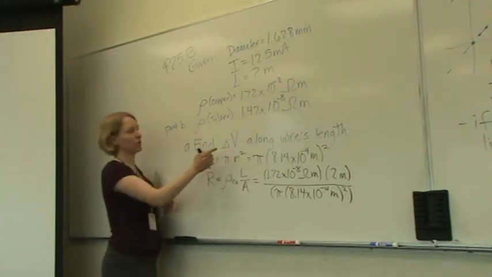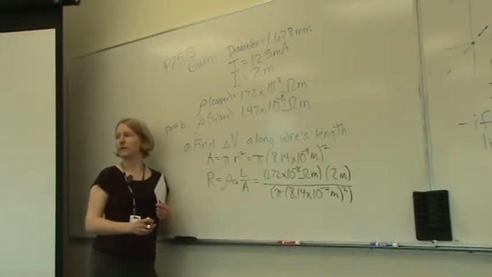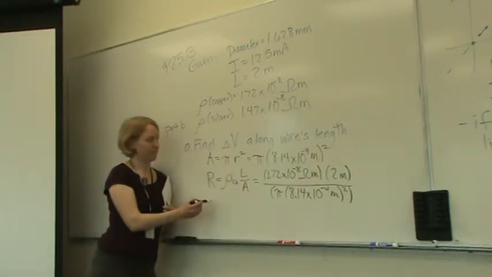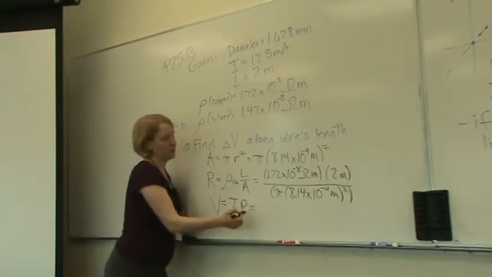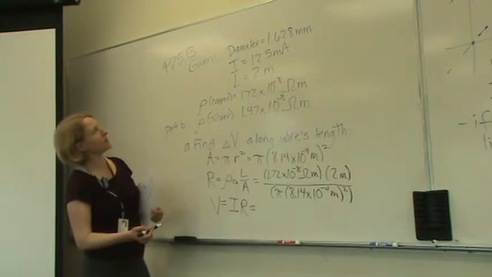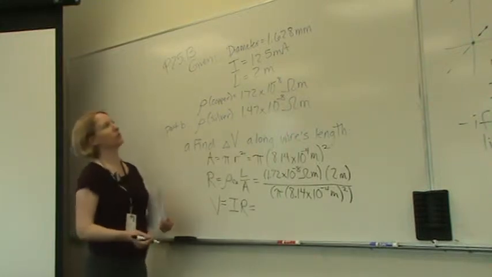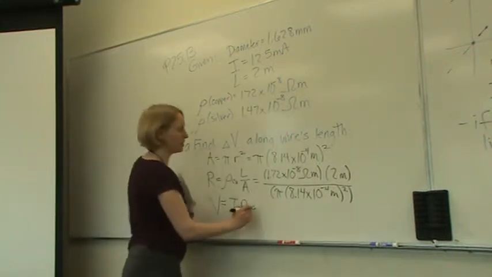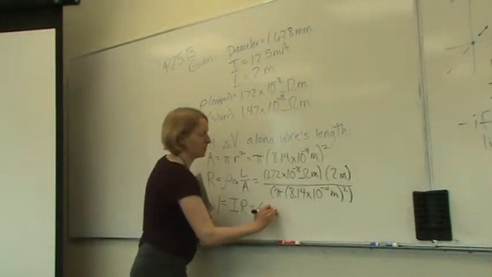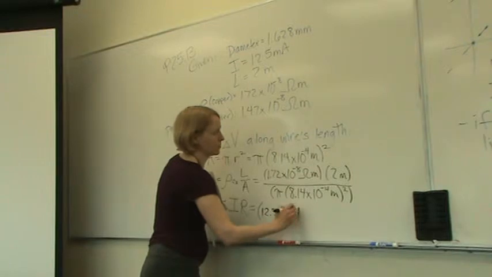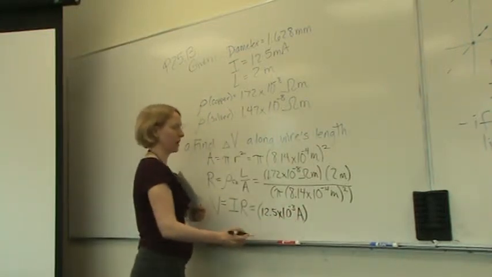How'd you solve for voltage after you get resistance? Multiply against R. V equals I times R. Multiply it by the current. And the current is 12.5 milliamps. So what value did you have to put in here? 12.5 times 10 to the negative 3. All right. So we have to convert that or else our answer won't work out right.